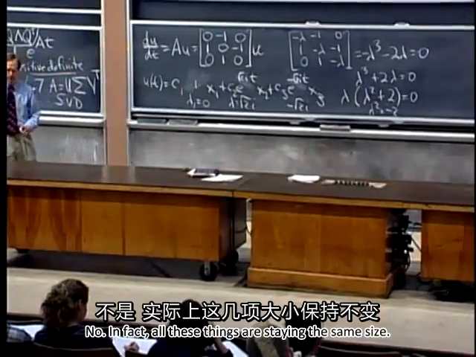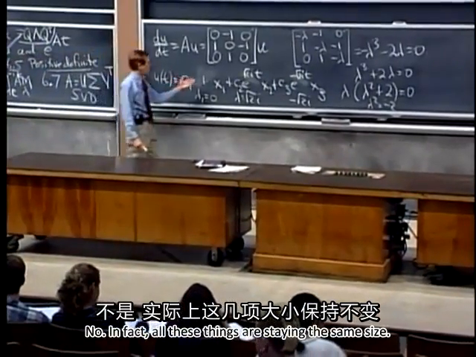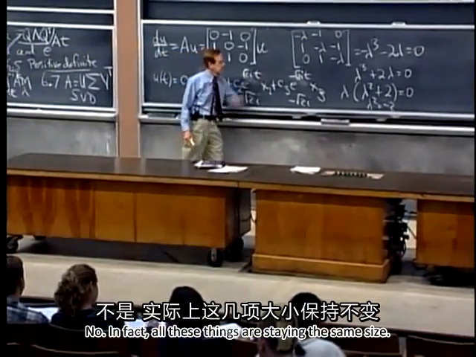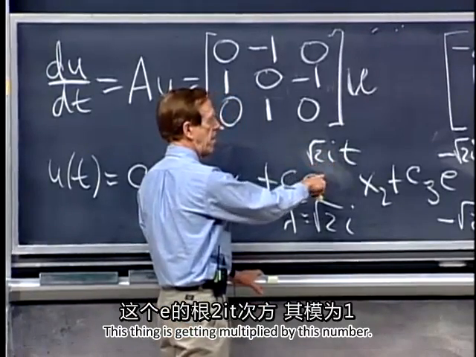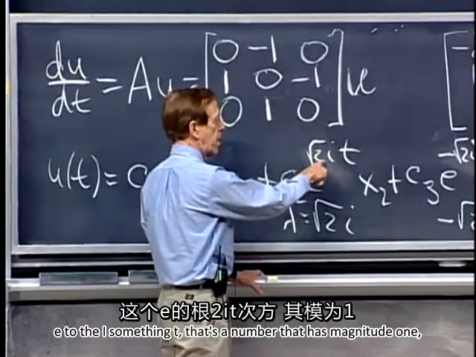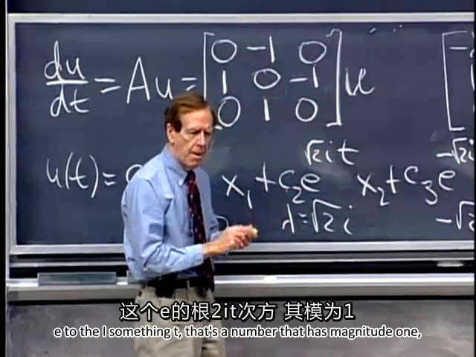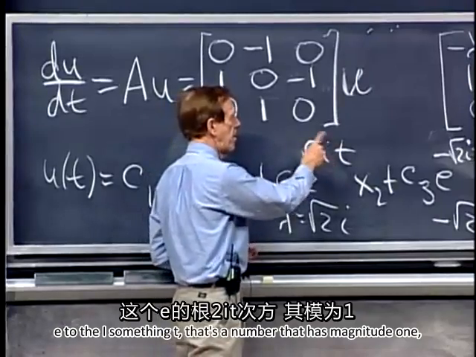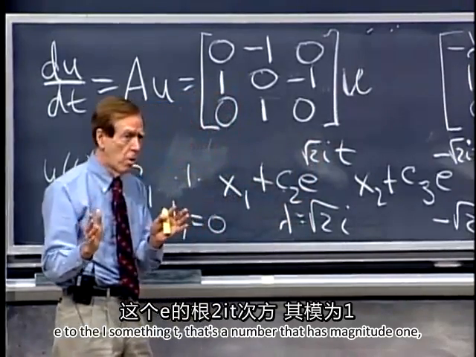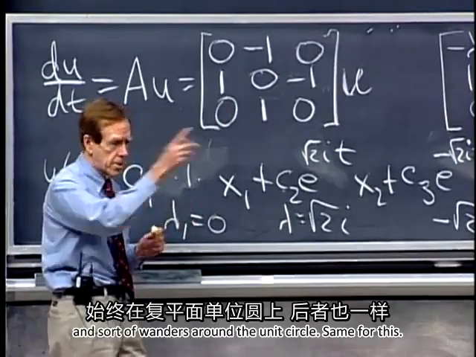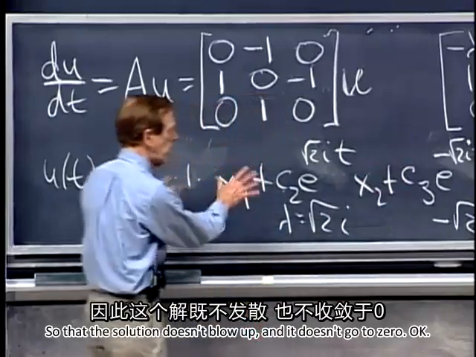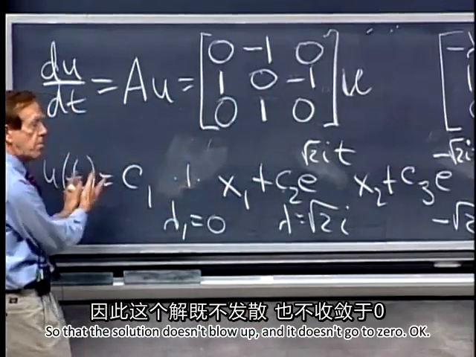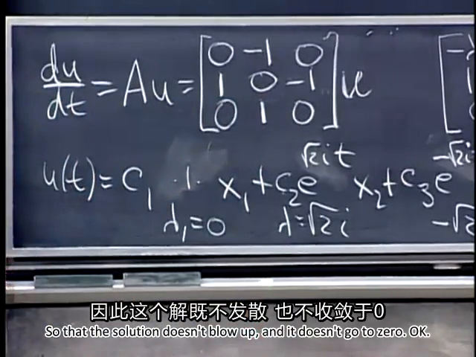No. In fact, all these things are staying the same size. This thing is getting multiplied by this number e to the i something, t. That's a number that has magnitude 1 and sort of wanders around the unit circle. Same for this. So the solution doesn't blow up and it doesn't go to 0.